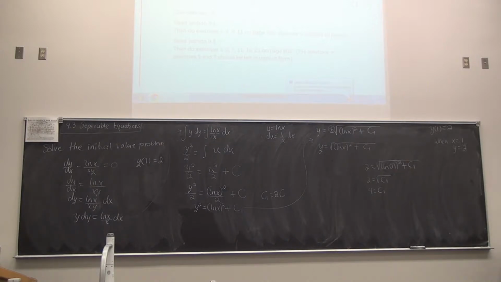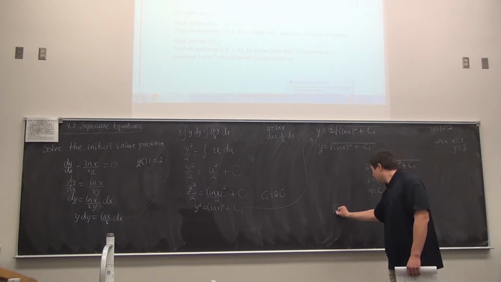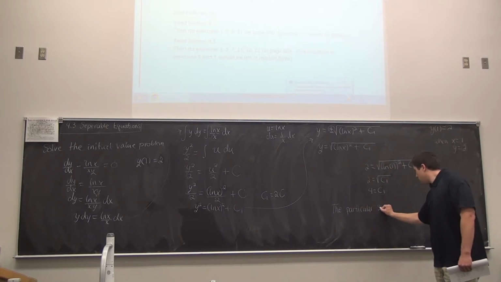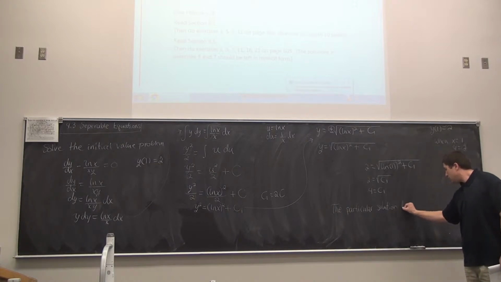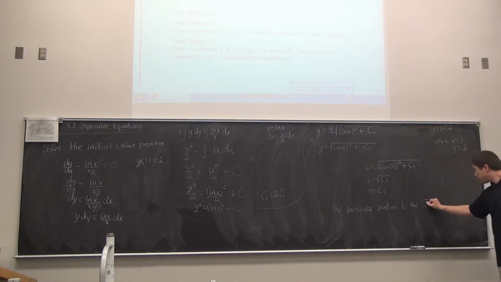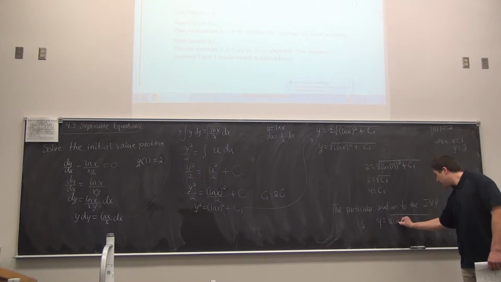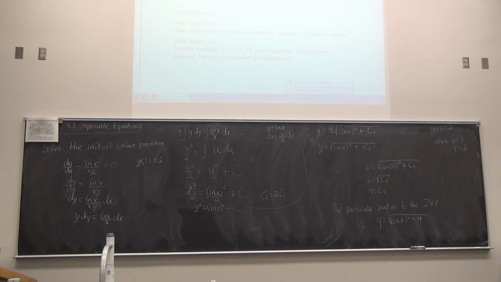So now at this stage, we can say the particular solution to the initial value problem is y equals square root of the natural log of x squared plus c1, which we found to be 4. So that's the only curve that satisfies the original differential equation, way over there, and also satisfies the revised initial condition, y at 1 is equal to 2.